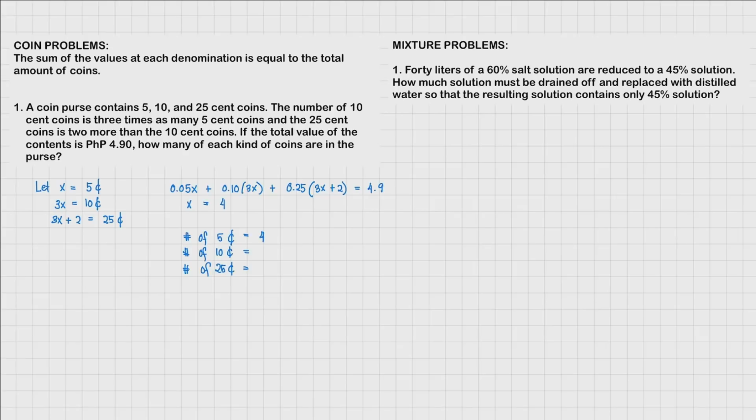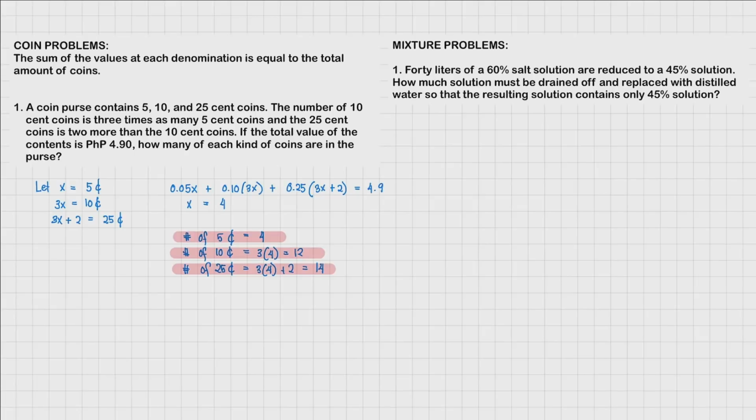The number of 10-cent coins is 3 times 4, which is equal to 12. And the number of 25-cent coins is 3 times 4 plus 2, which is equal to 14. And that would be the final answer for our example. Alright? So on to our mixture problems.